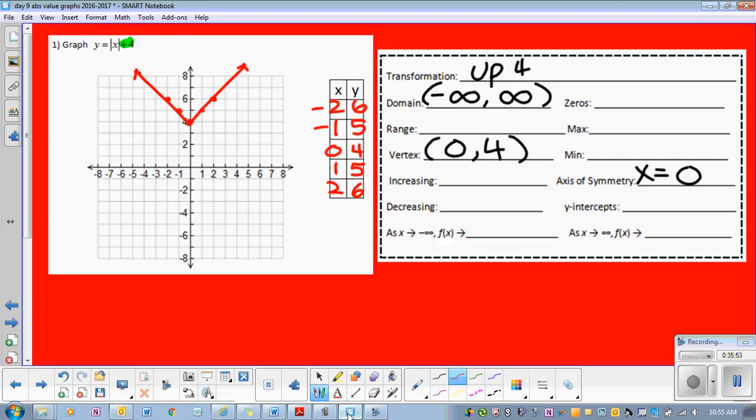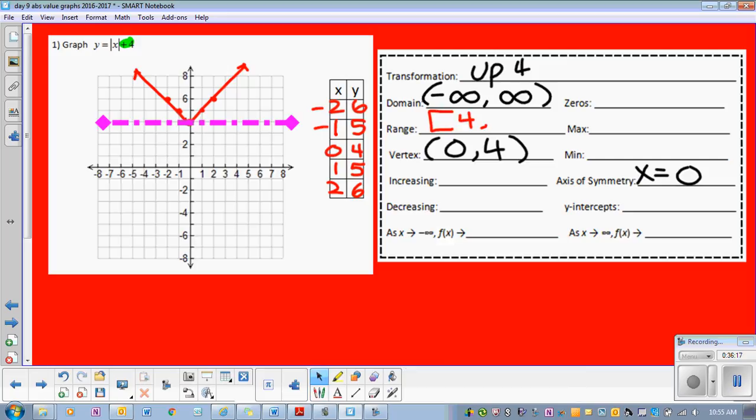So when you're done graphing, just look up. So now let's talk about the range. So we start from the bottom and we work our way up. Where does my graph start? At 4. Good. So at 4, I have to put a bracket because that's a closed circle.